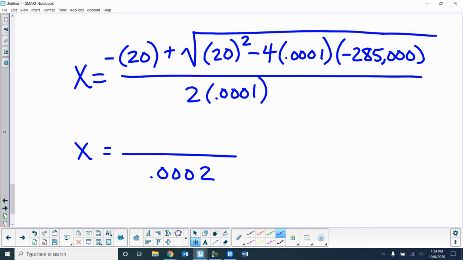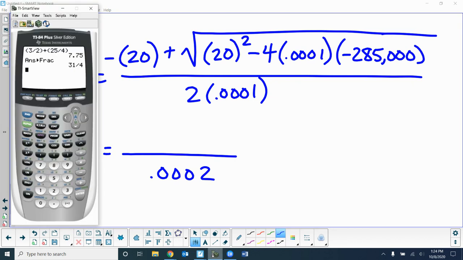Well, I hope not. Okay? So, you can put that whole thing now in your calculator with the square root, because we're looking for an actual number now, right? I told you not to on 7 and 8, but on this one, go ahead and put it in. So we got negative 20 plus the square root.